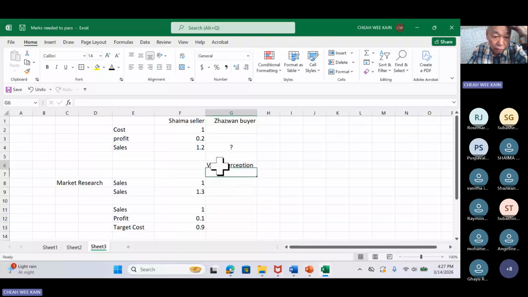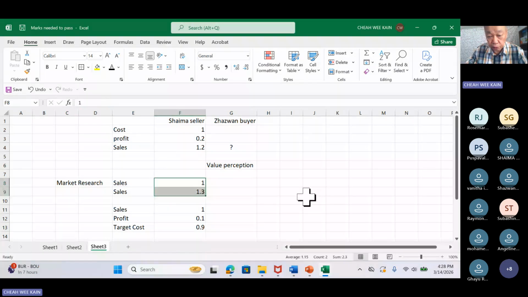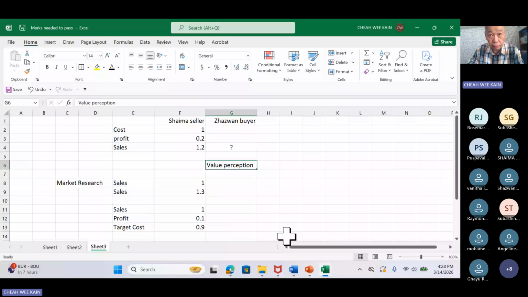So when you're doing market research, depending on which type of customer, are you going for the rich, average, or poor customer? If it's a rich customer, what's the average for a rich customer? What is the average for the middle class customer? What is the average for the poor customer? That is the price, that is the value perception. Understand? Understand or not? Understand, doctor.